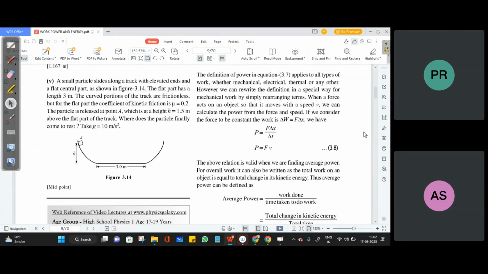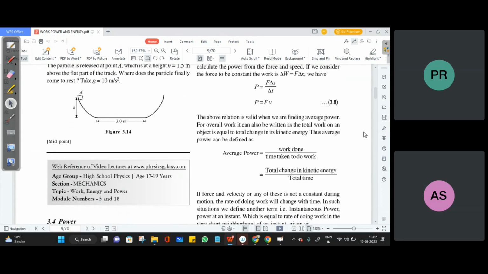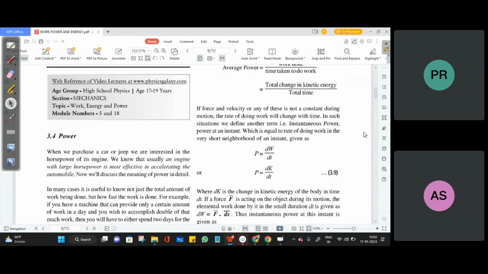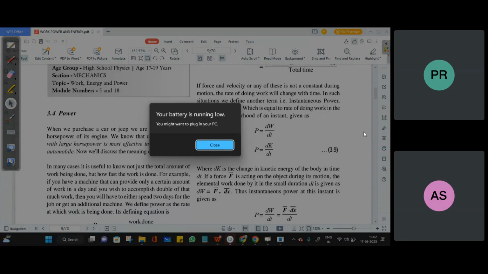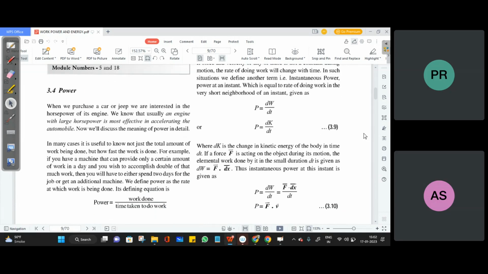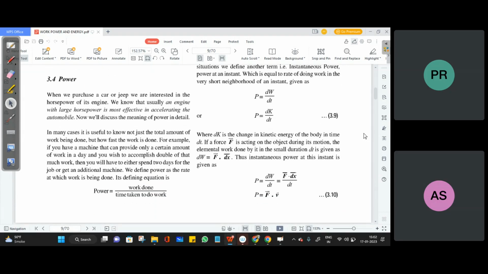No, it depends on the definition of how the potential energy change is defined. It is the negative of work done by the conservative force, right? Yes, sir. So when the work done by conservative force is positive, change in potential energy will be negative.